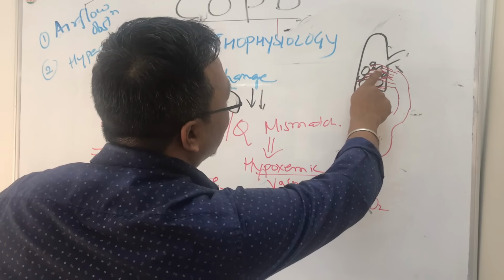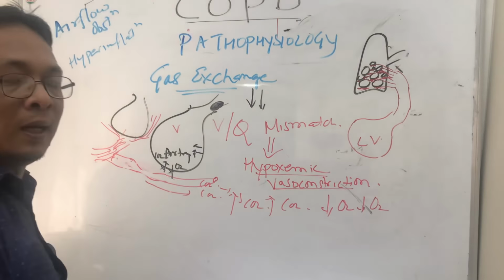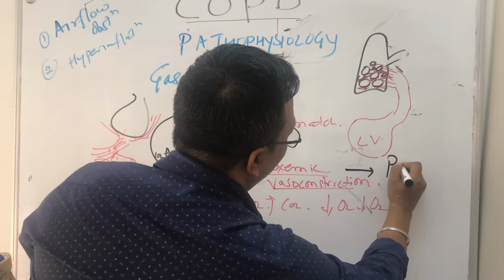There are so many pulmonary capillaries, branches of the pulmonary artery, which are vasoconstricted because multiple alveoli are affected. So when there is widespread pulmonary capillary constriction, what is happening here? There is pulmonary hypertension. Blood has to go through a resistance, which creates a situation of pulmonary hypertension.